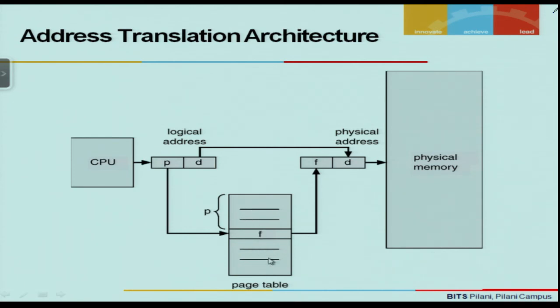So what we do is take these p bits, the page value from here, go into the page table at an offset of p and get the frame value. So we get the frame number, and this frame number we combine with the offset to generate the physical address.